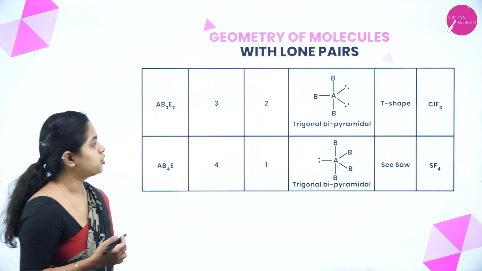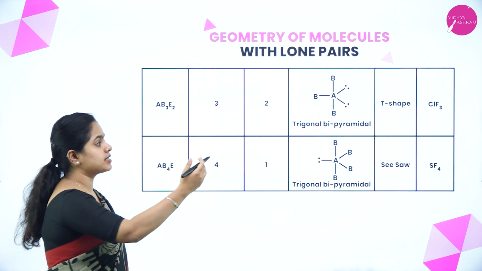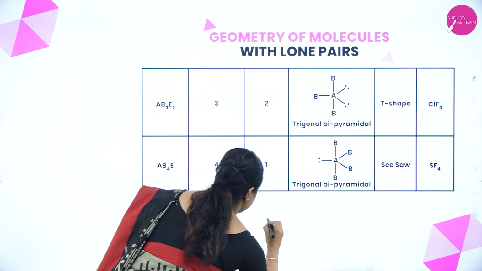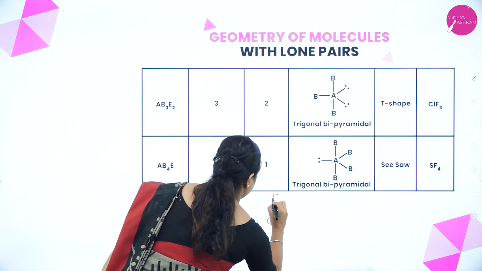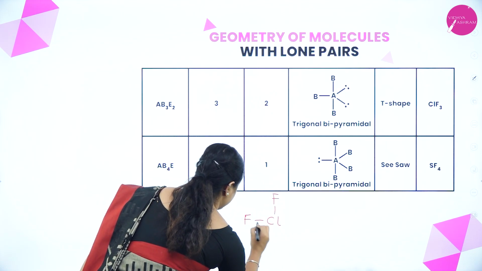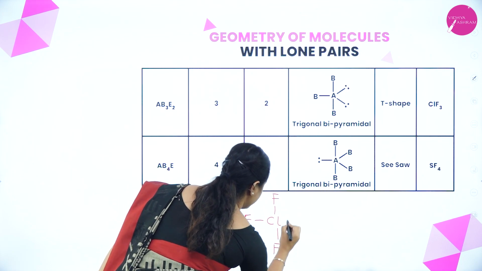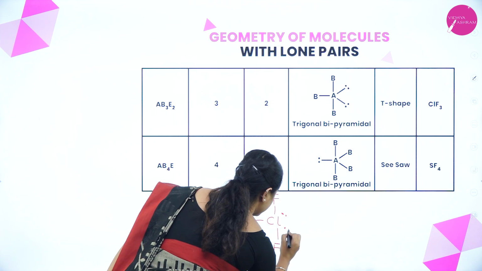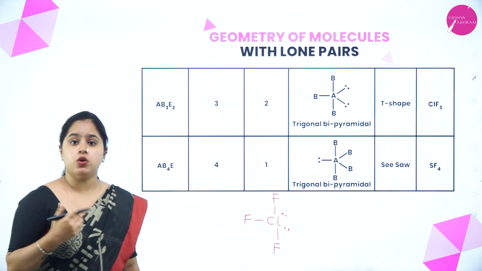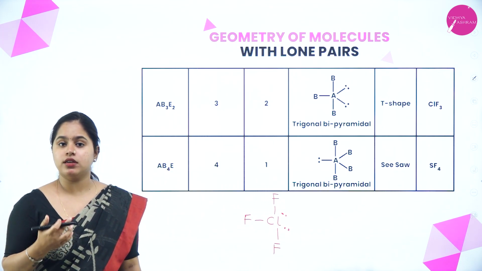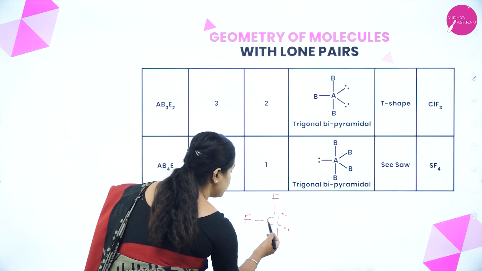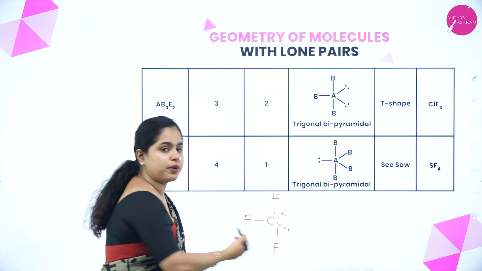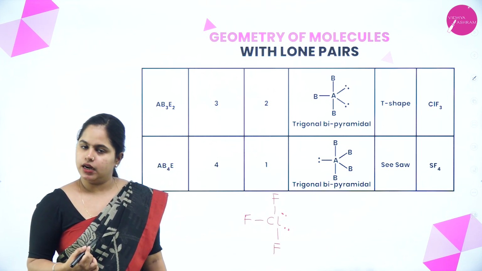So now let's move on to the next one. Let's take the example of ClF3 molecule, right? So as you can see, ClF3, and there will be 2 lone pairs as well, right? We know the number of valence electrons in chlorine is 7. 3 of them are taking part in bond formation, and the others will be present as lone pairs.